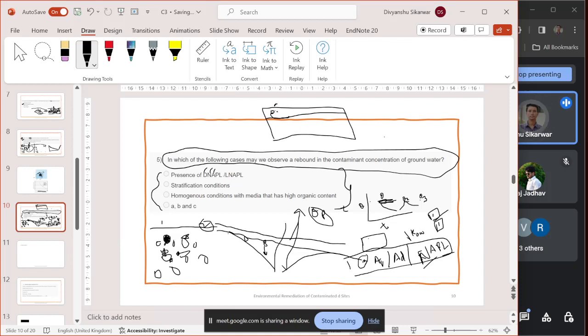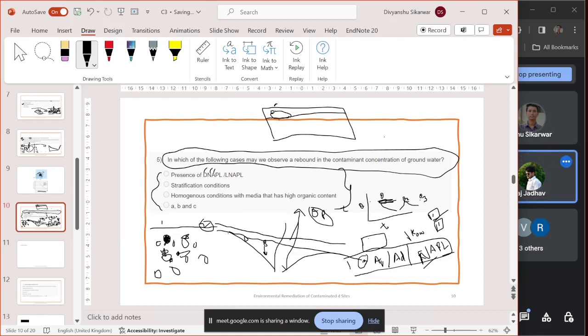If there is some leakage from there into the soil and the gasoline goes into water, is its density higher or lower than water?